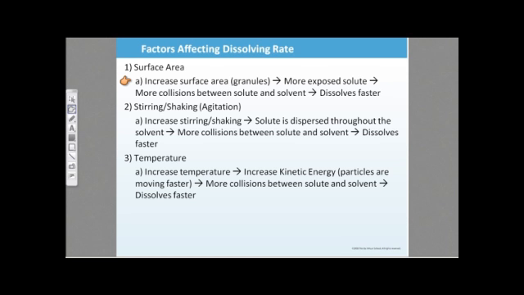If you take that same cube, crush it up into a powder, and put it into the water, it dissolves more quickly. Reason being, the powder has a greater surface area. In other words, there's more locations, if you will, or sites for the solute particle and the solvent particles to collide with each other. Since there's more opportunities for collisions, we're naturally going to have more collisions, which means it's going to dissolve faster.